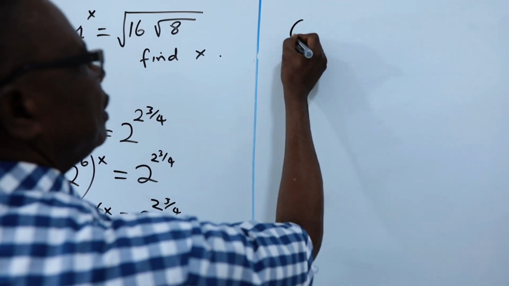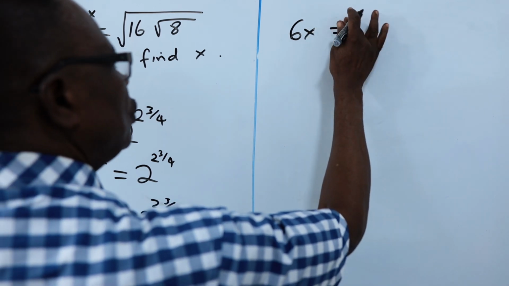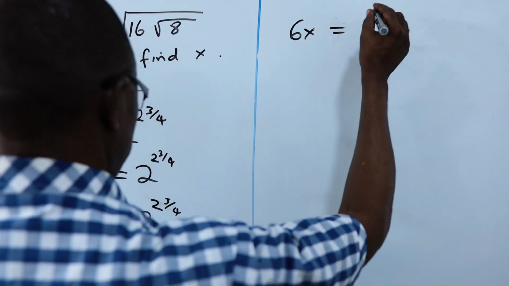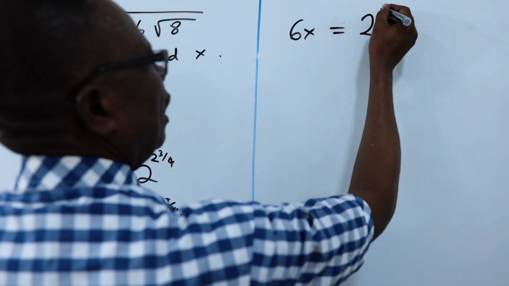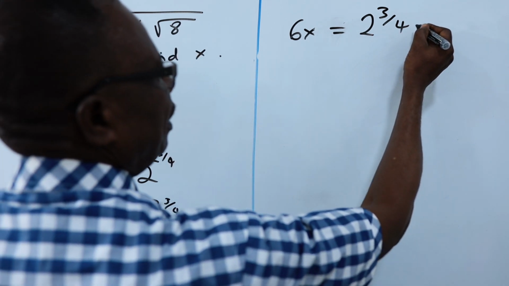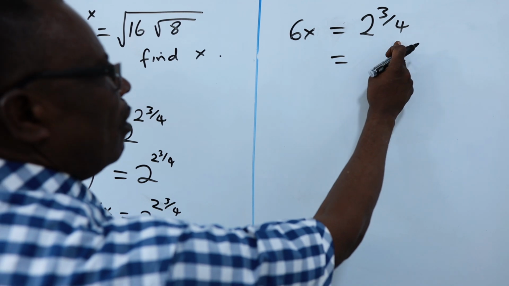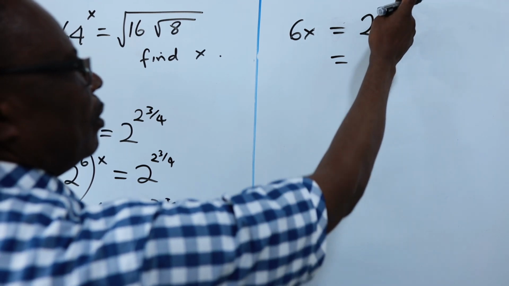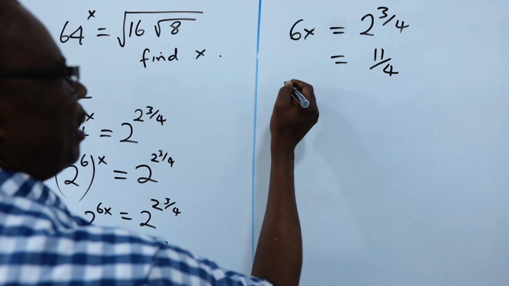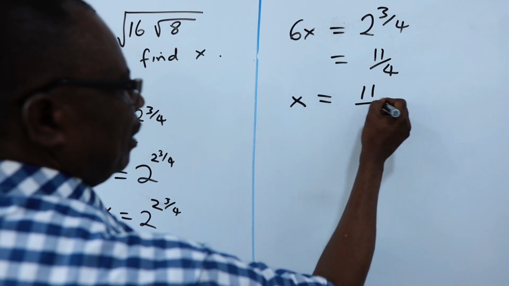So we have 6x equal to 2 and 3/4, which is the same thing as 2 times 4, which is 8, plus 3, 11/4.